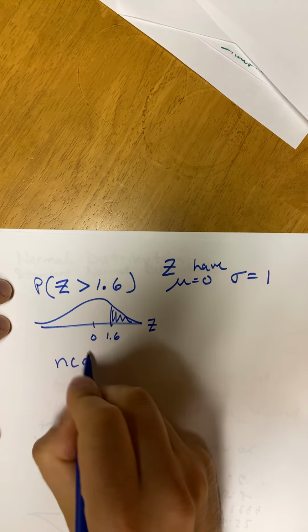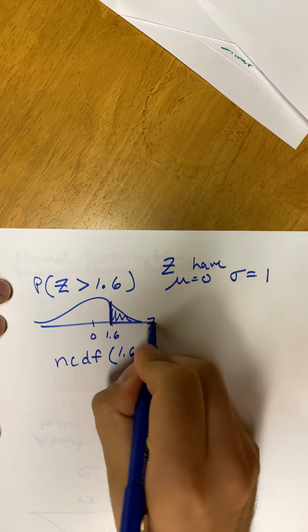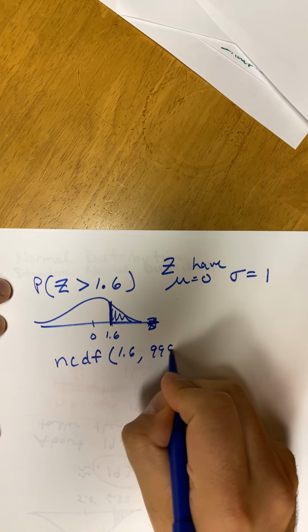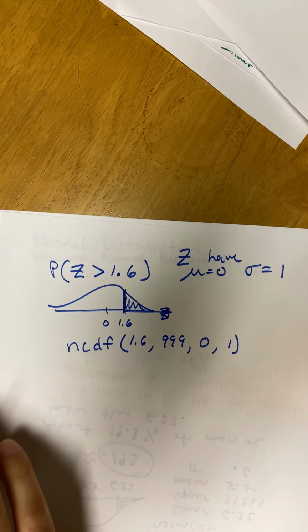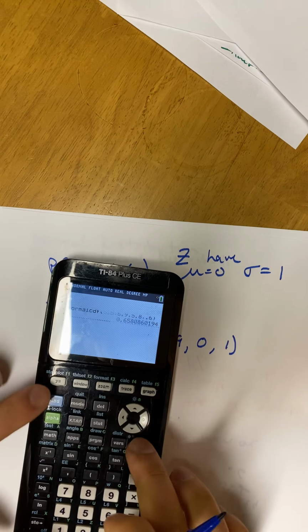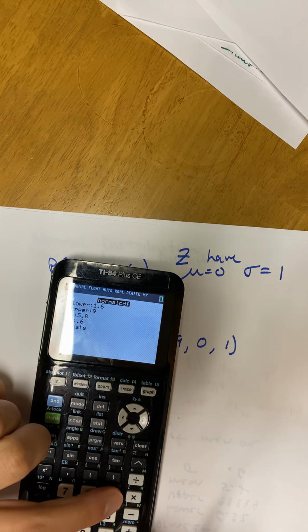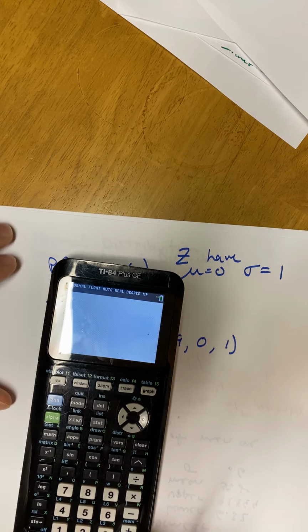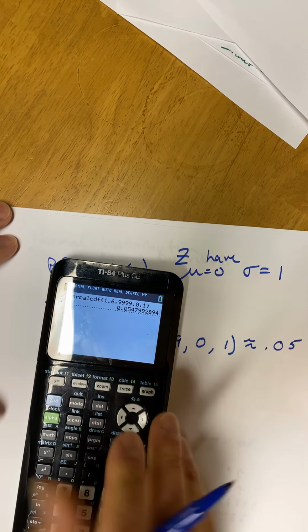So I'm going to do norm CDF, lower bound, upper bound, mean, standard deviation. So second distribution, lower bound, upper bound, mean, standard deviation, 0.05.